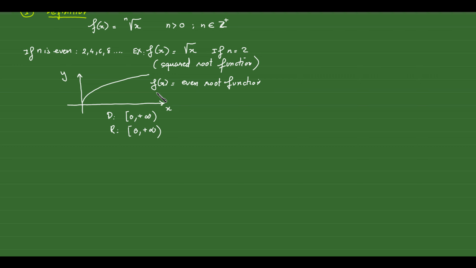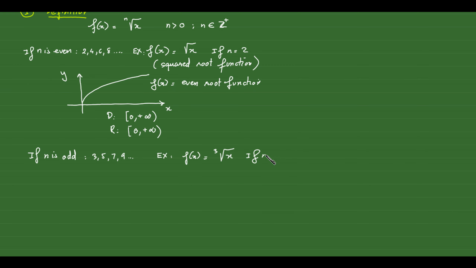And what if n is odd? If n is odd, it means n will be 3, 5, 7, 9, right? A typical example of n being odd is when n equals 3.